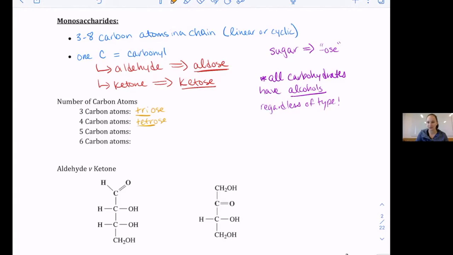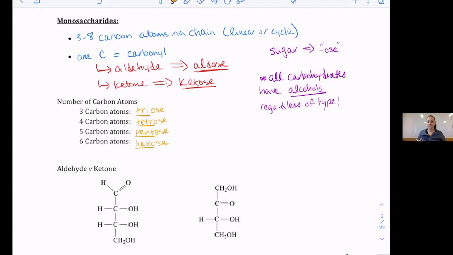I don't know how to pronounce that without the O-S-E. Tetrose. Then we have pentose, and then hexose, which again is the same. So 3 and 4 are different, 5 and 6 are the same. So we have our classification based on our number.